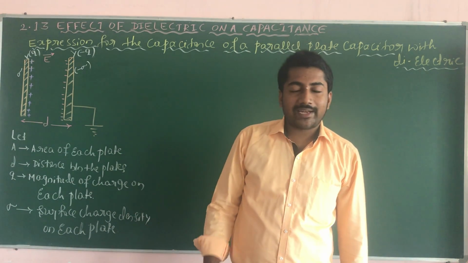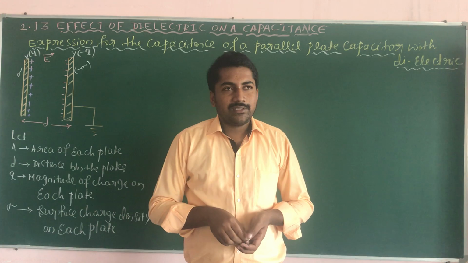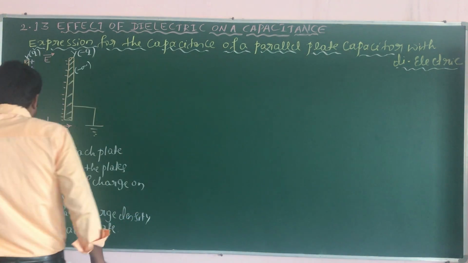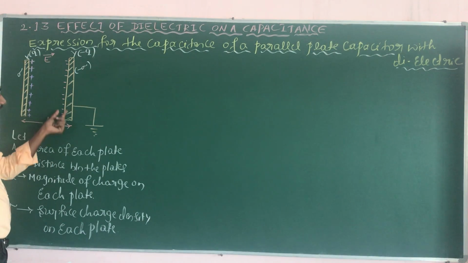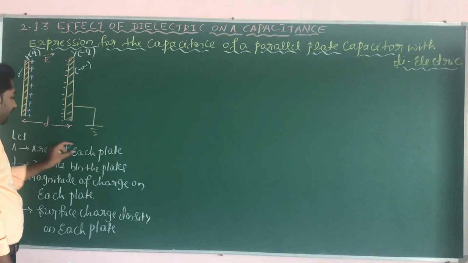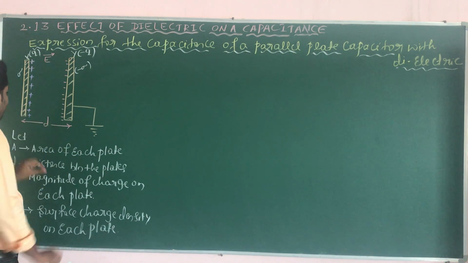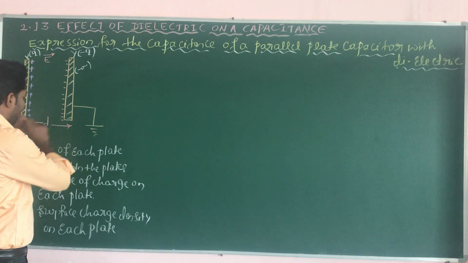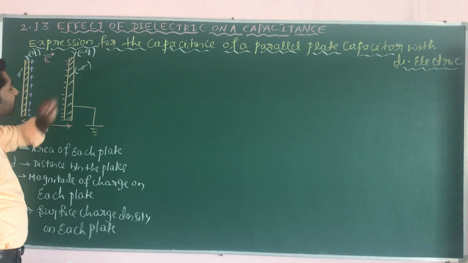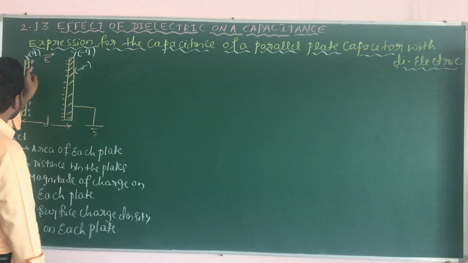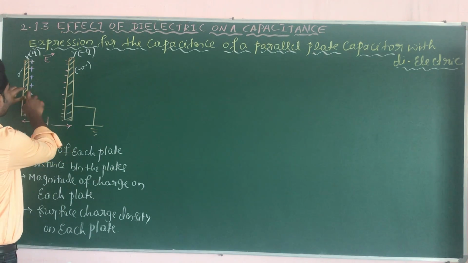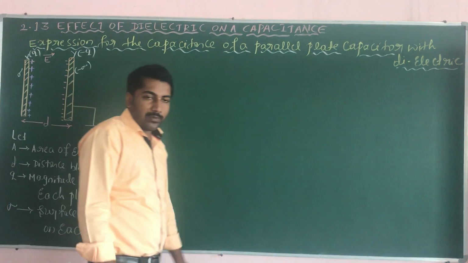Here A is the area of each plate, d is the distance between the plates, Q is the magnitude of charge on each plate, and sigma is the surface charge density on each plate.